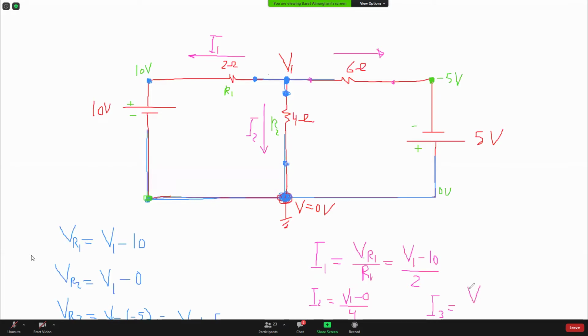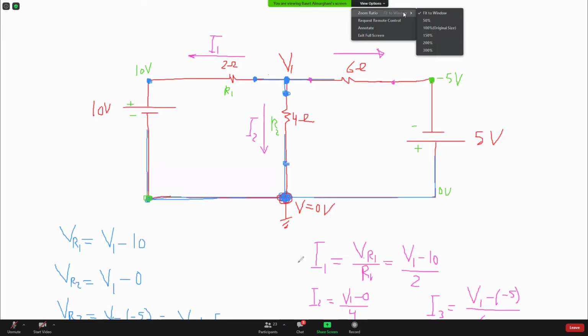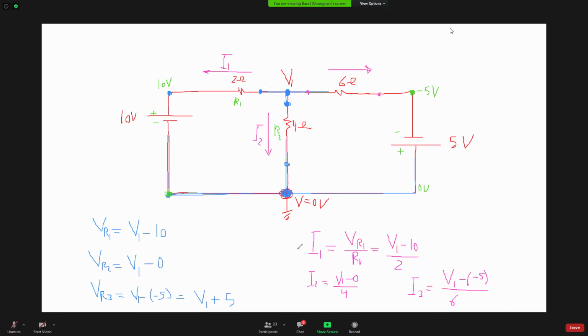So it's V1 minus minus 5, which is plus 5, divided by 6. Is the current okay now? Current in a resistor is the voltage across the resistor divided by the resistance.